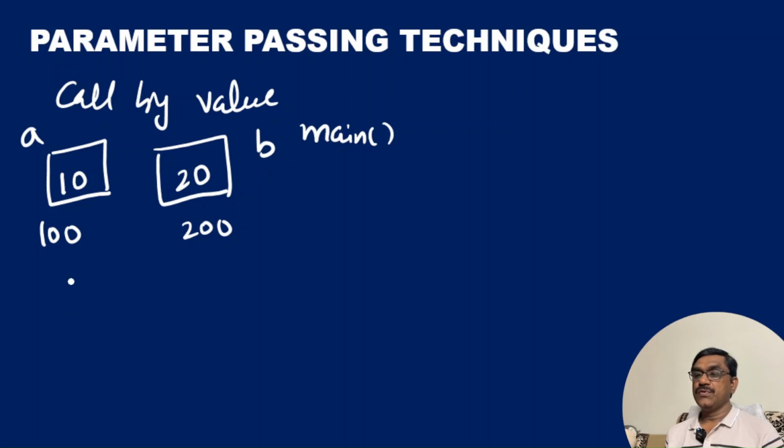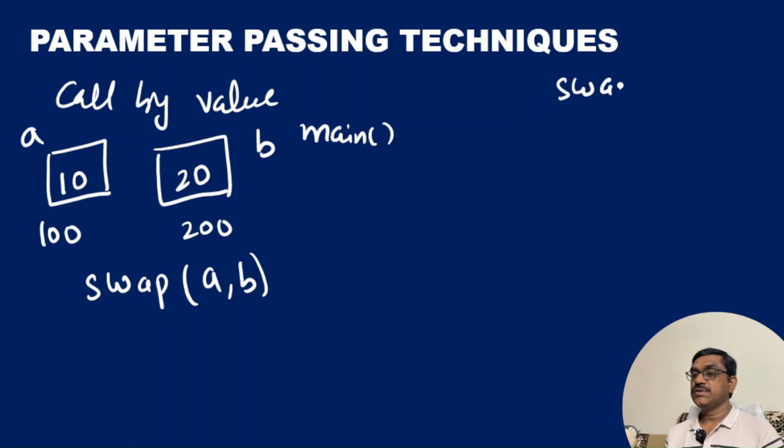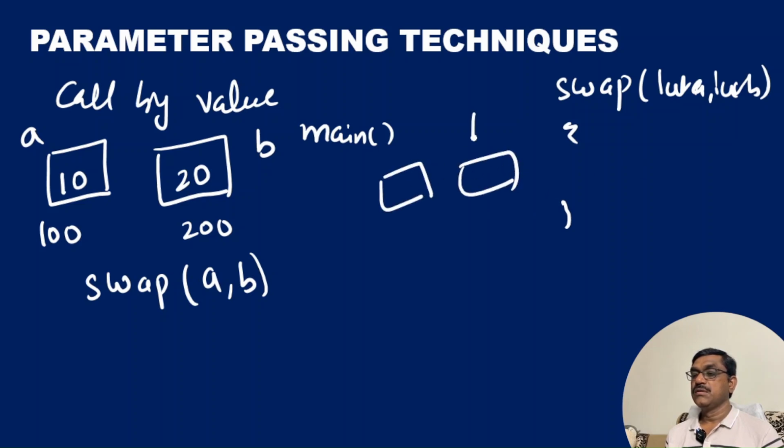Now main is calling the function swap by passing the A value and B value, right? Next, here I'm talking about the function swap, with integer A and integer B, right? Now here I'm going to talk about the variables A and B. In the main, we are calling the function swap.